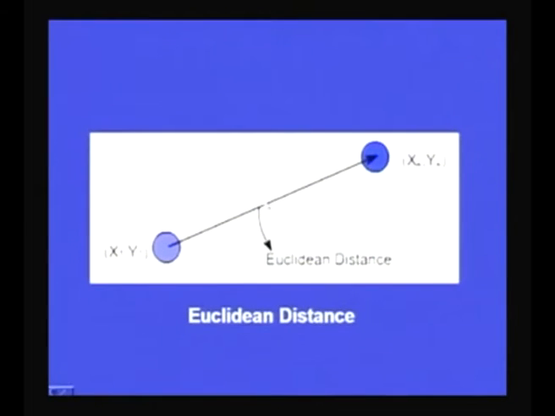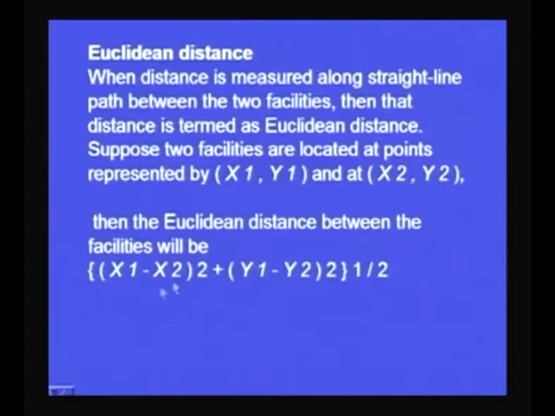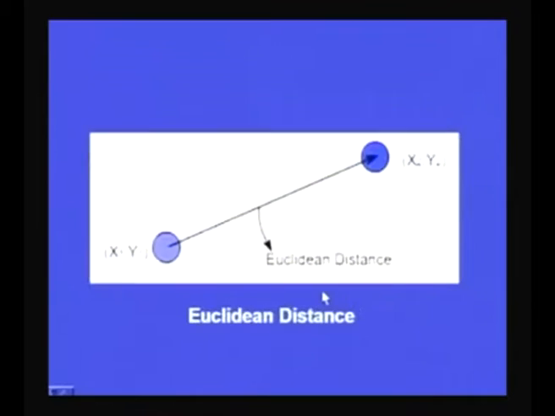Now, this is the Euclidean distance, straight line distance or straight line path being followed here, not the orthogonal one in which the 90 degree angle was there; that is not followed here. Here the straight line path is followed, x1, y1, x2, y2, and this is the Euclidean distance on your screen. And how do we calculate it? We calculate it by (x1 minus x2) squared plus (y1 minus y2) squared, and the whole raised to the power 1 by 2. We will see how we get these two expressions.